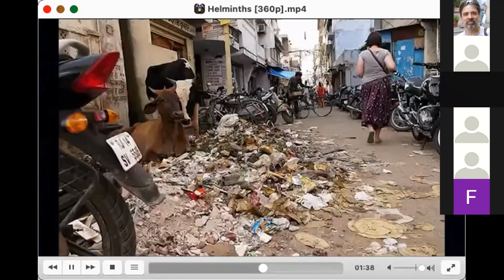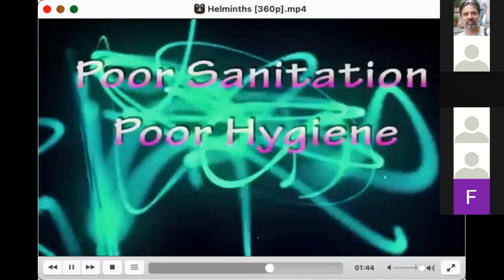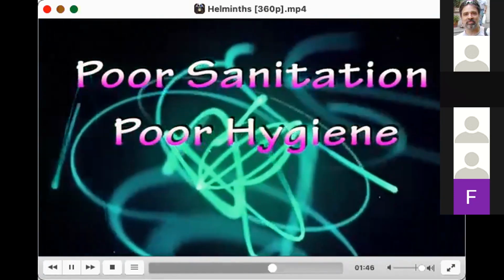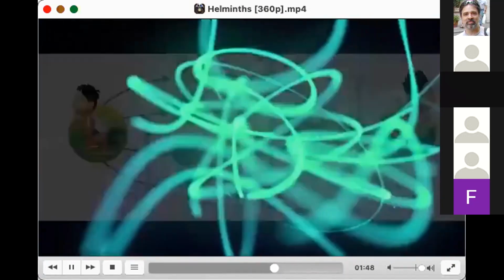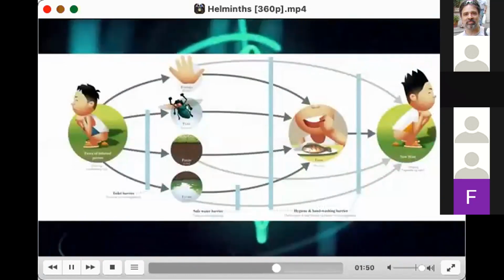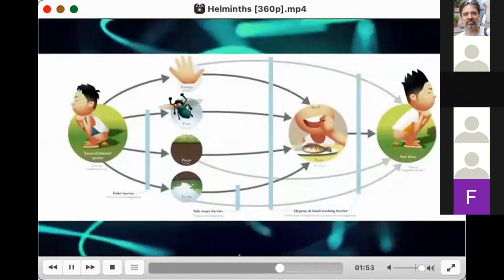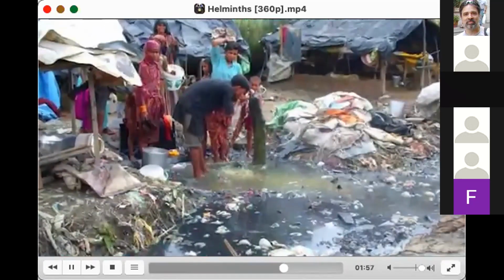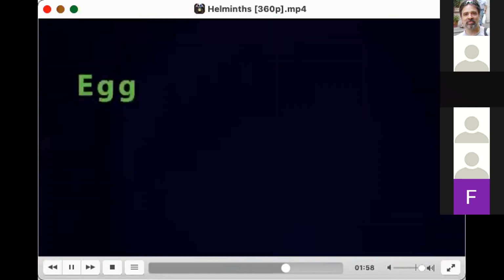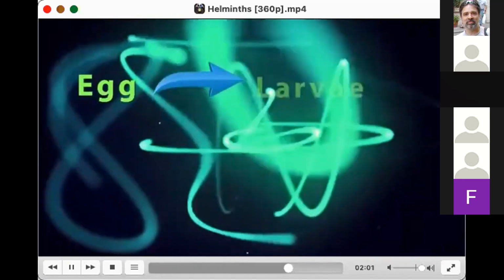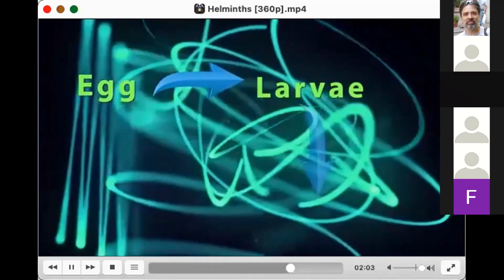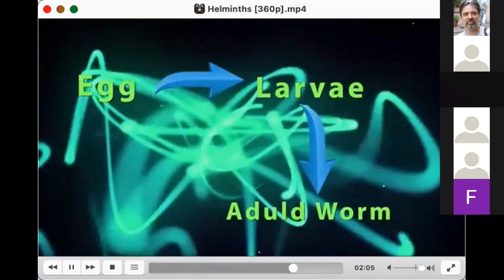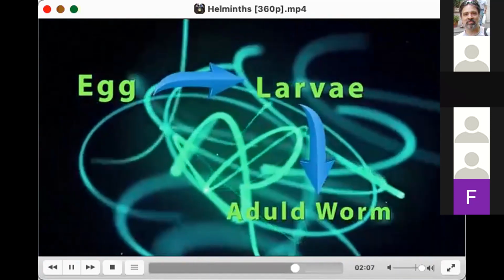Worms are usually caught through food and contaminated soil in warm, humid countries that have poor sanitation and hygiene. If an infected person or animal has defecated in soil, eggs present in their feces contaminate the soil. The eggs mature and hatch to produce larvae that grow into adult forms of up to 30 millimeters in length.